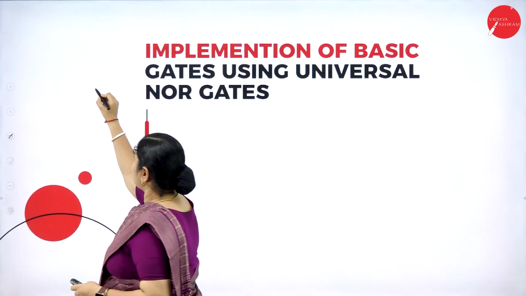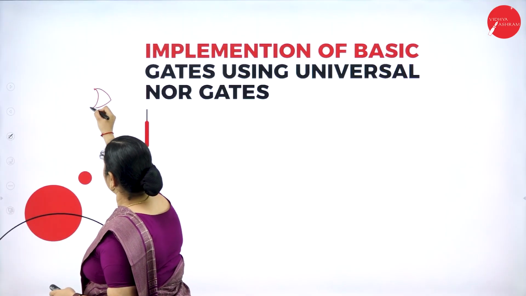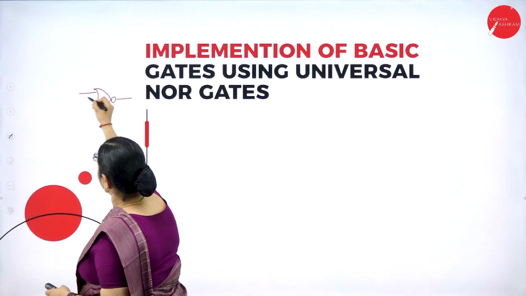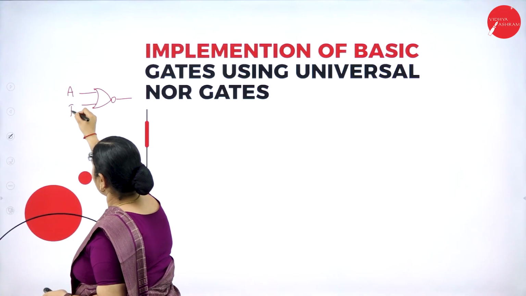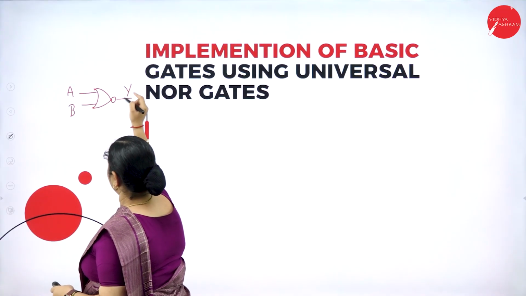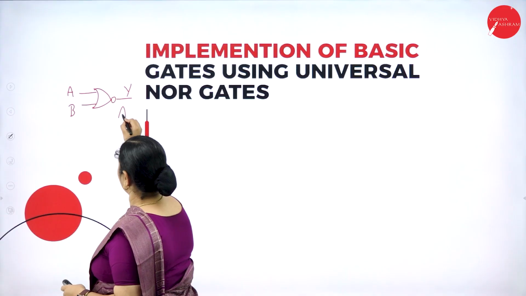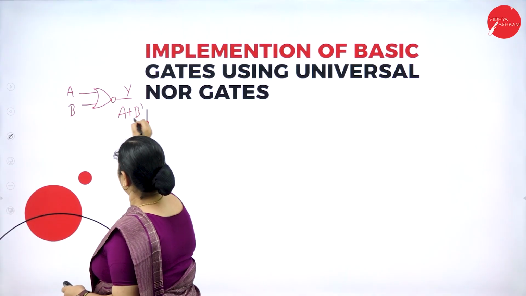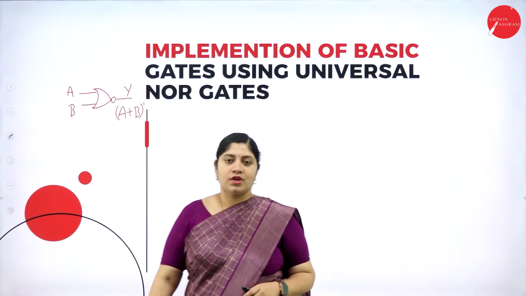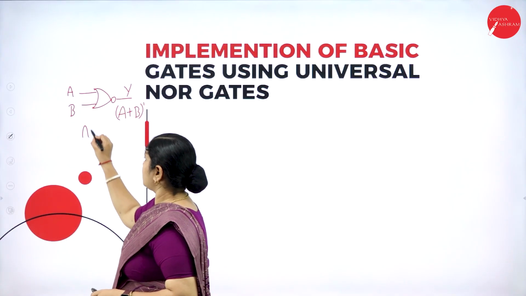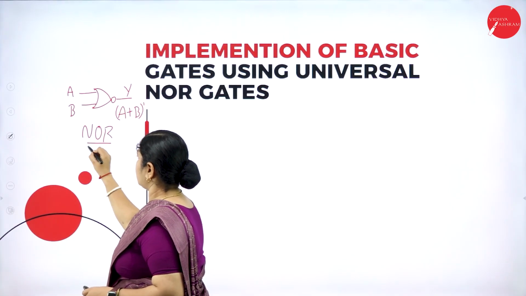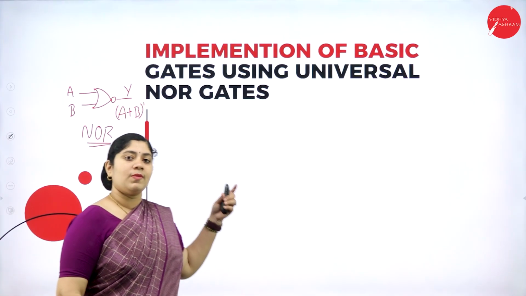Let's recall a simple NOR gate. It is in this way. We'll be having two inputs and the output, that is none other than A plus B whole bar. Correct? So this is a simple NOR gate. Now we have to implement basic gates.